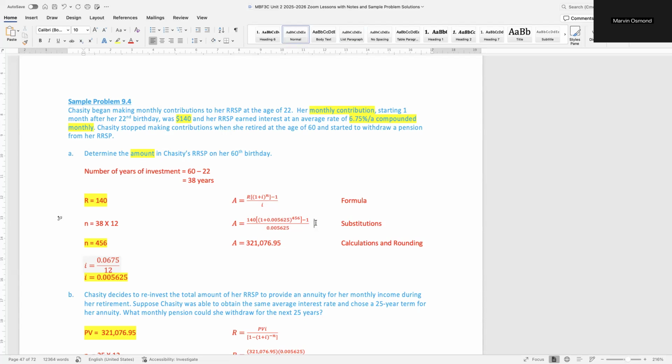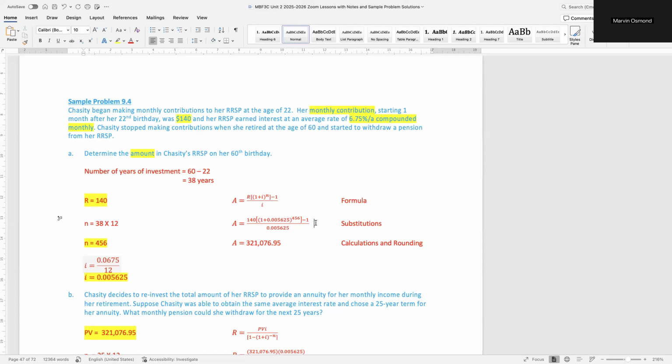And then I'm going to times that by 140. Then I'm going to subtract 1. Then I'm going to divide that by 0.005625.